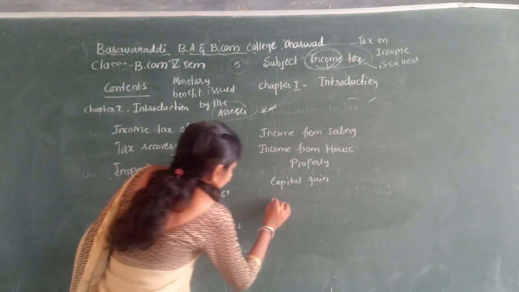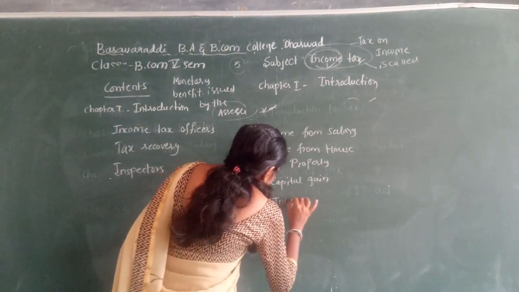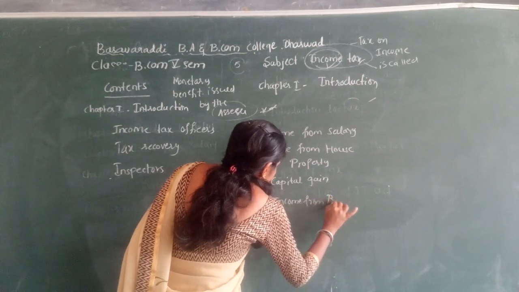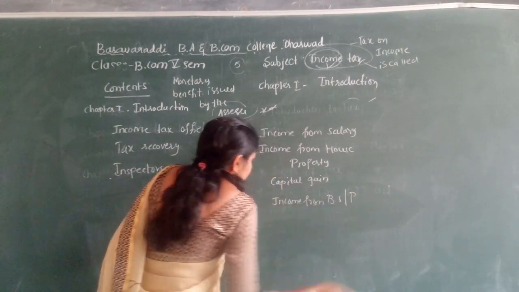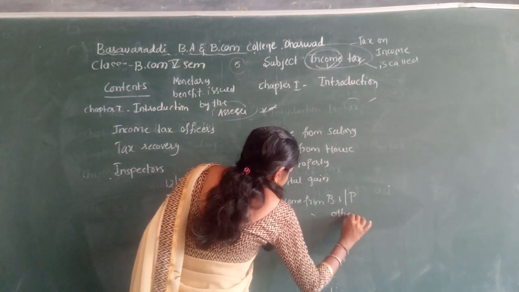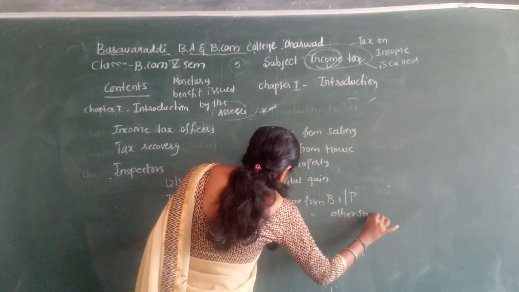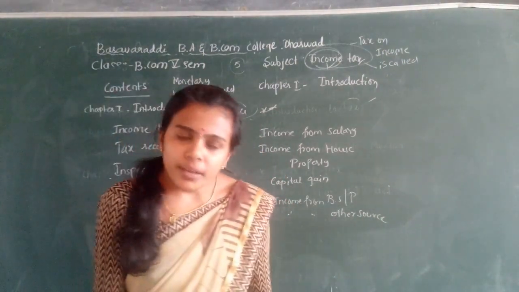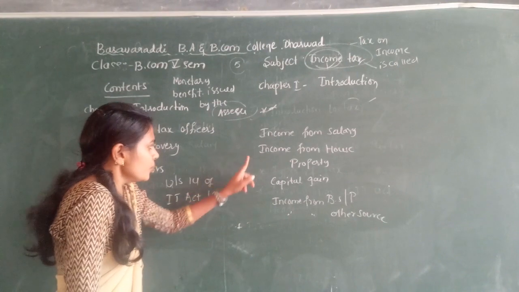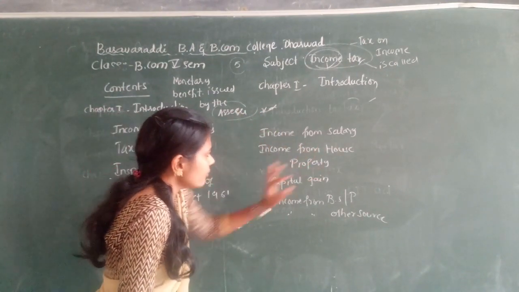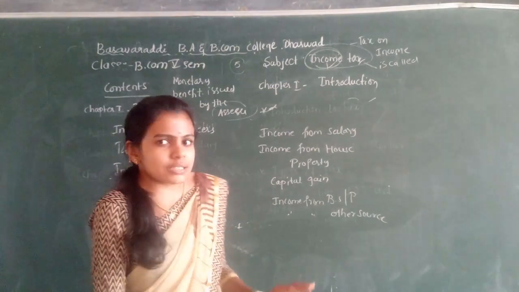Next one, income from business or profession. Last one, income from other source. Next, third chapter: income from salary, income from house property, income from business or profession.